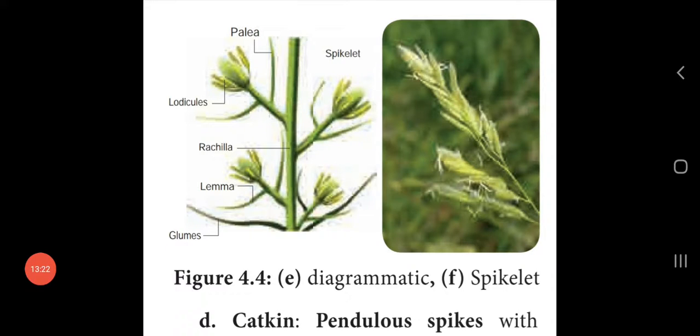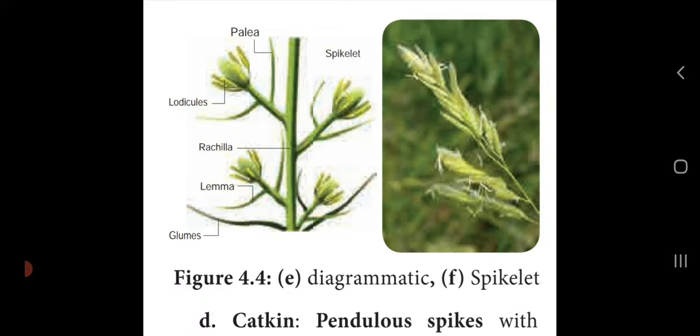Dear students, see the picture. This is the diagrammatic structure of spikelet inflorescence. The central axis, that is the inflorescence axis, possesses many branches in the lateral position. At the tip of the branches also, they possess sessile flowers.